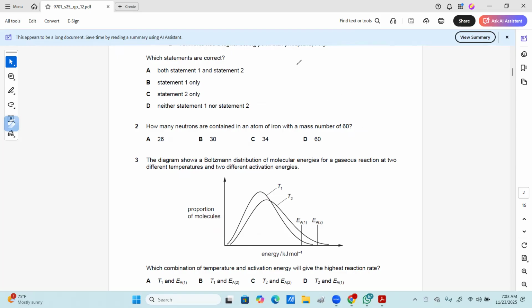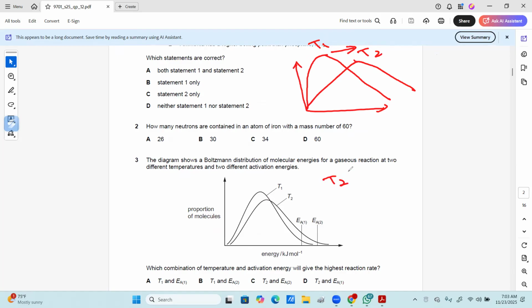So in this type of graph, we are talking about two things: what is happening to the temperature and what is happening to the pressure. Normally, if we increase temperature, the peak height will be shorter than the original one and will move towards the right-hand side. Therefore, we can see T2 has a higher temperature than T1.